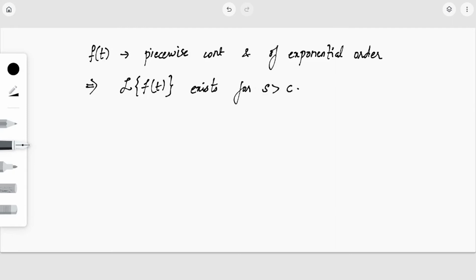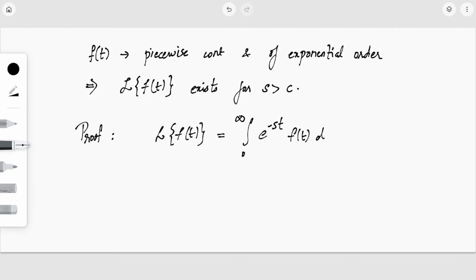Okay, so let us see the proof we have. The Laplace transform of f of t is nothing but the integral 0 to infinity e raised to minus st into f of t dt.